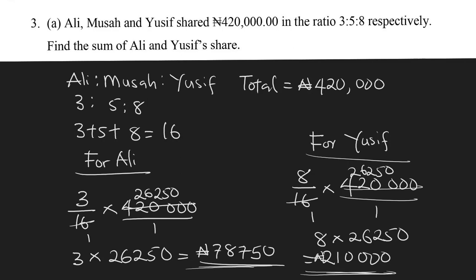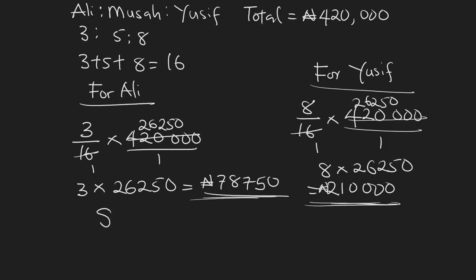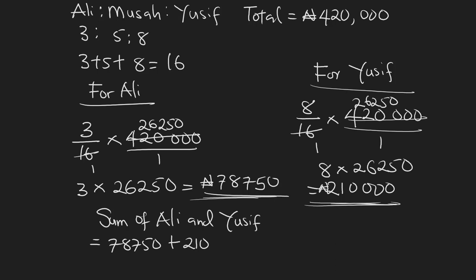But the question says that we should find the sum of Ali and Yusuf's share. So we're going to add this amount plus this amount, right? The sum of Ali and Yusuf will be equals to 78,750 plus 210,000.